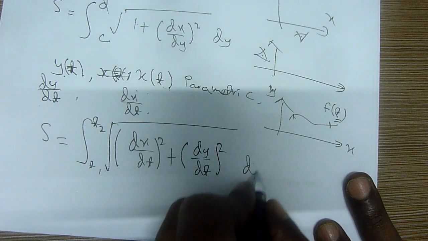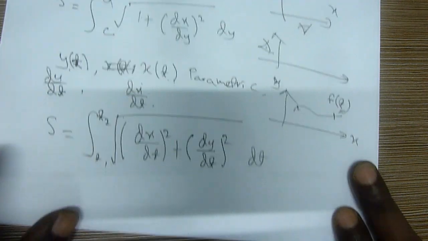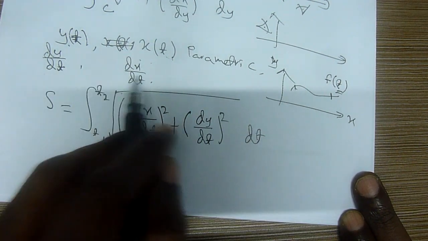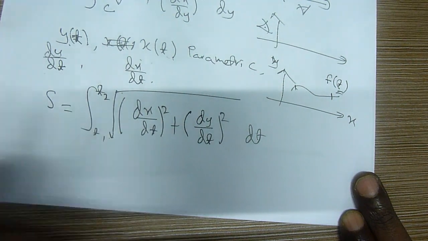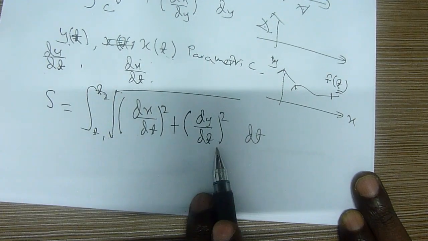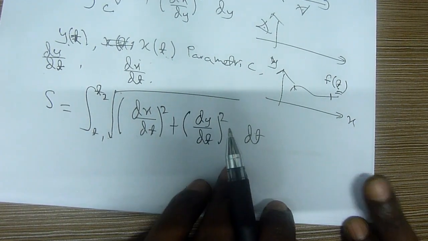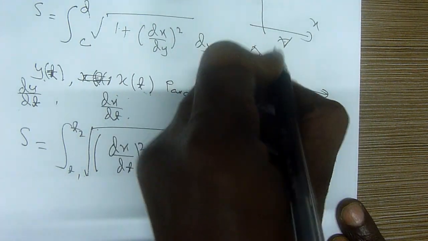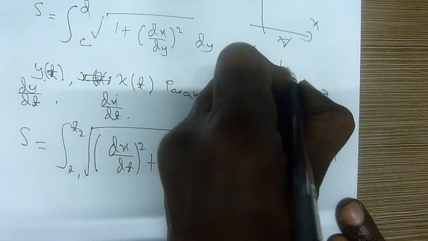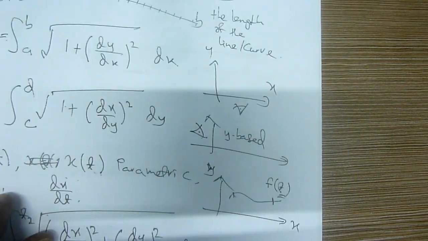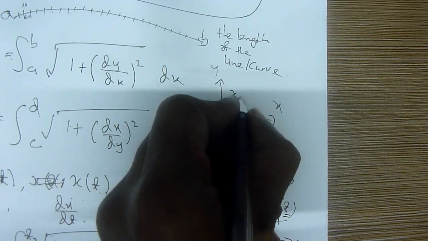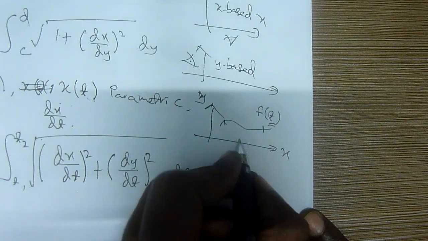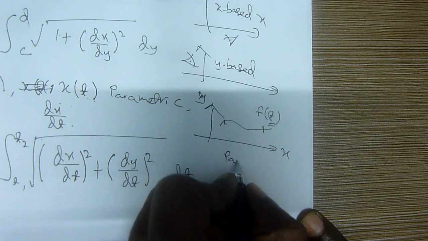Okay, this easily can be proved. But I am not going to show you how to prove it. This is a very simple one anyway. We can use this combination, use the same logic, and prove this for the parametric. Okay, these three formulas: remember this one is y based, this is x based, and this one is parametric.